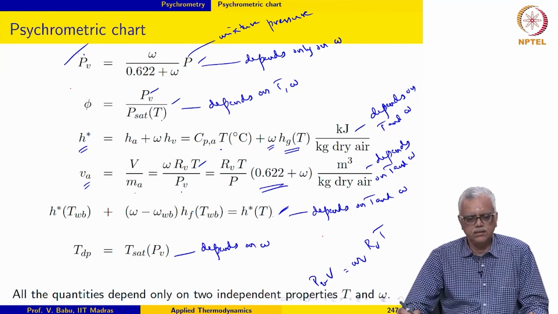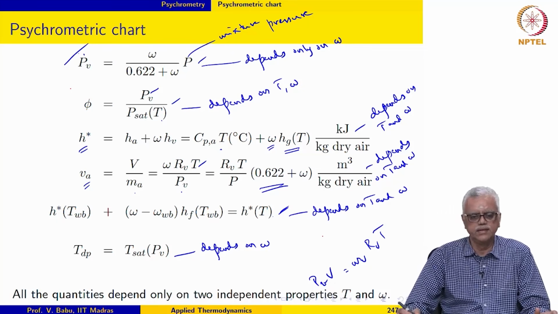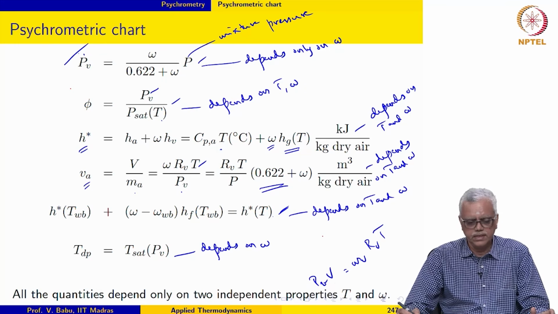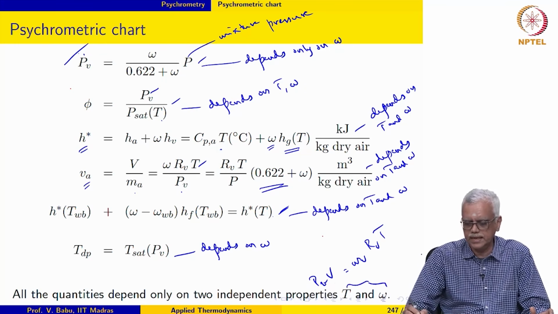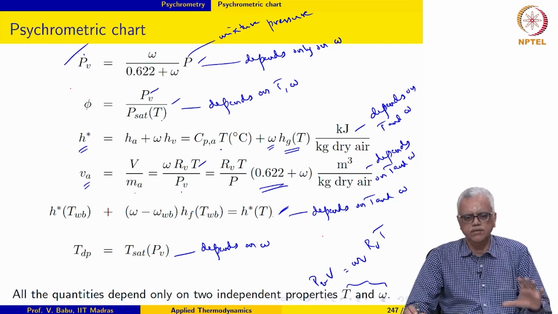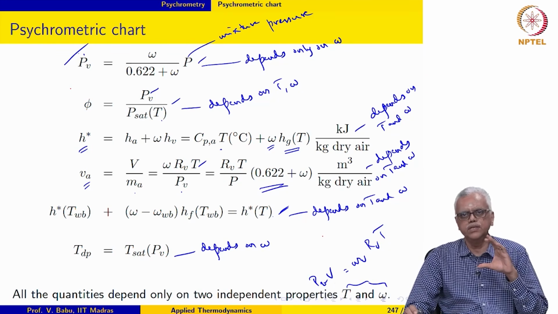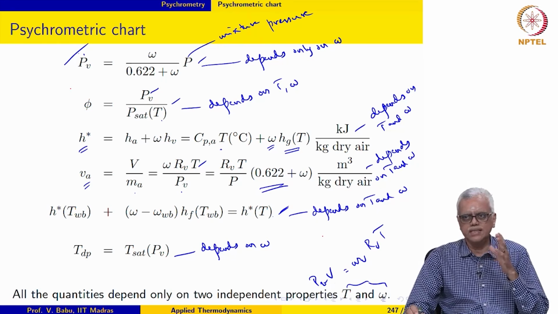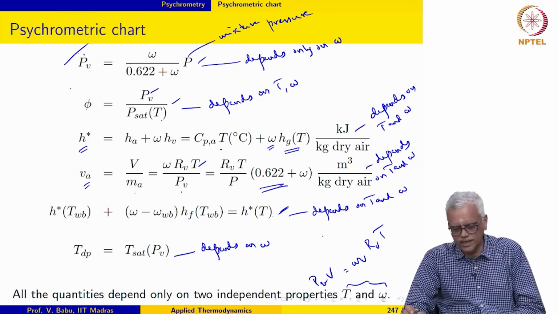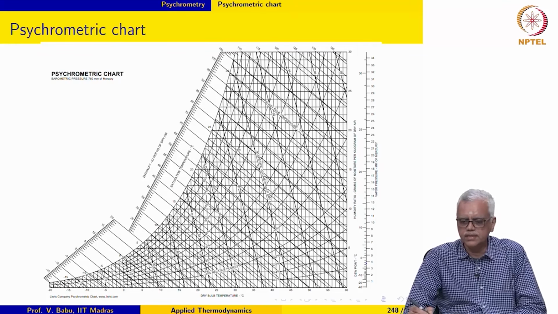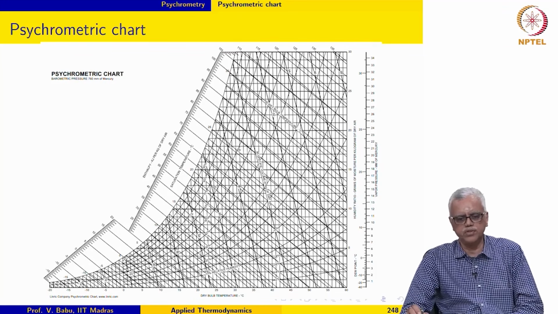But the important point that emerges from looking at the list of expressions here is that all the quantities depend only on two independent properties, T and omega, which is the basis for developing the psychrometric chart. So, basically the psychrometric chart has two axes. Vertical axis is omega, as you can see here, and the horizontal axis is T, which is the dry bulb temperature, of course.